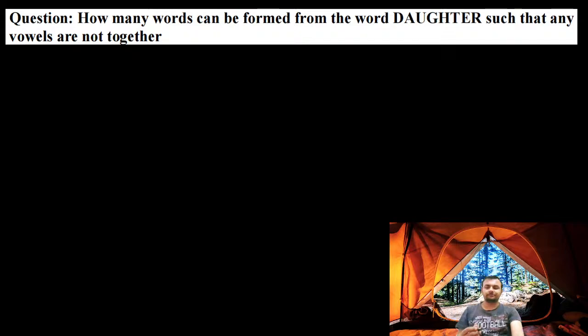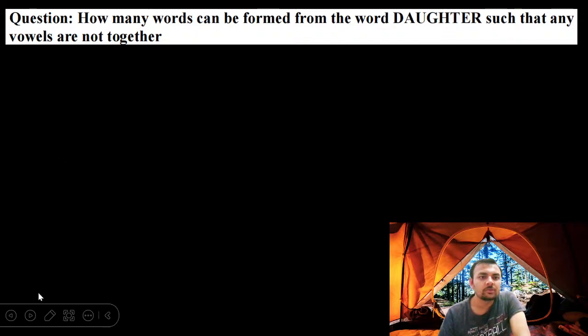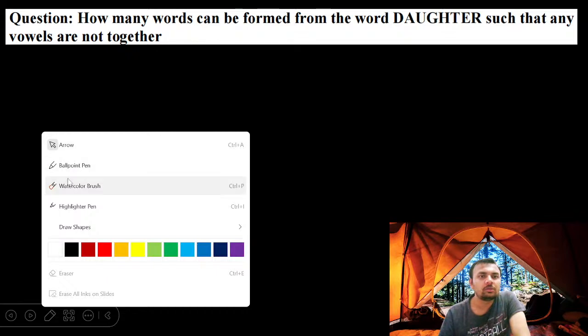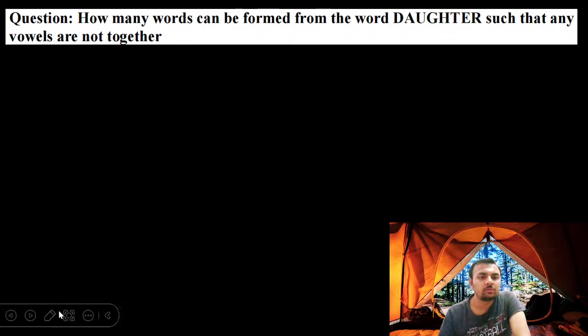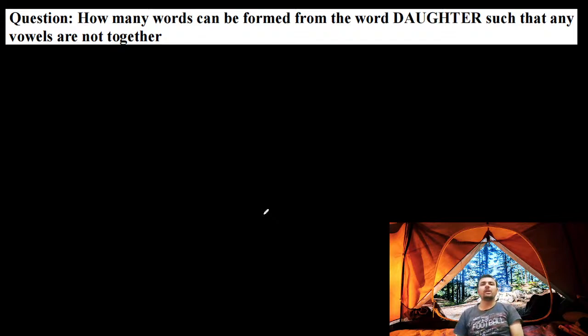First question. How many words can be formed from the word daughter such that vowels are not together? How many vowels are there?